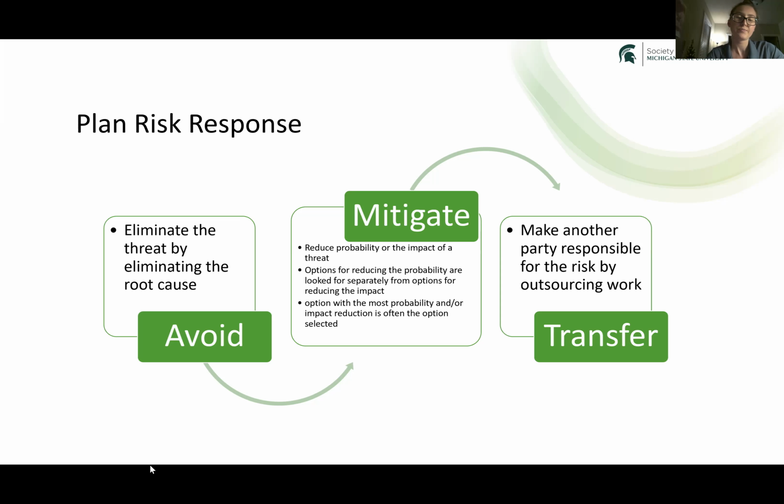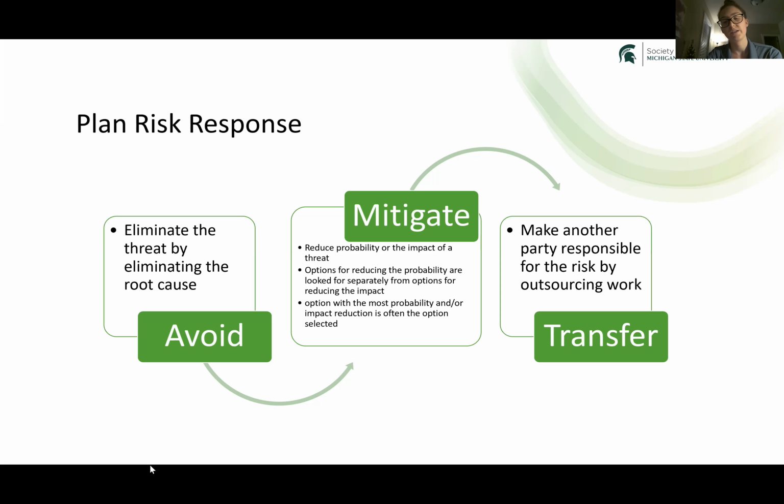So when planning risk response, it's important to also assign the right person to each risk, making sure that every person is responsible for a certain risk in a project.